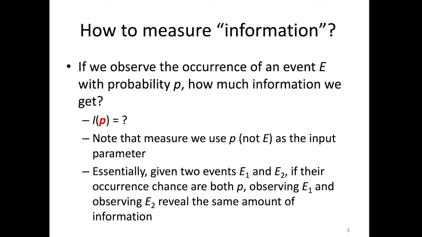So if I tell you this sentence, I tell you almost zero information. But if I tell you that the sun will rise from the west tomorrow, this will be big news. So there's a lot of information. So the amount of information should be calculated based on the probability. And that's Shannon's idea.